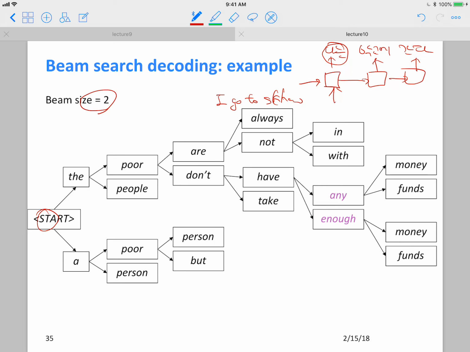If we are using a beam size of 2, we consider just the 2 top probability ones, so the 2 highest likely words.